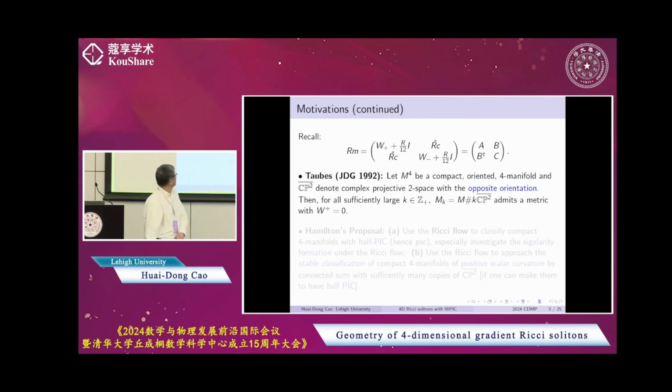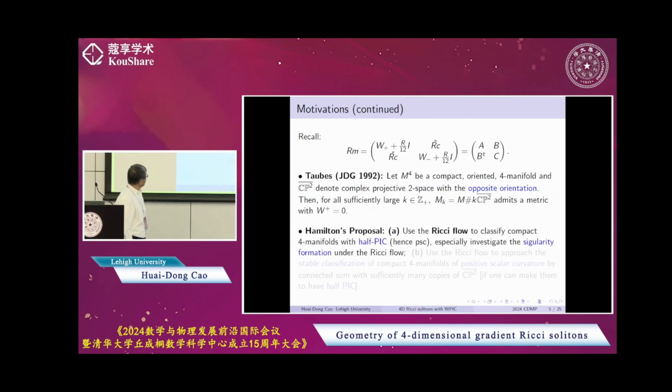And that also inspired Hamilton to make the following proposals. It has two parts. The first part is to use the Ricci flow to classify compact four manifolds with half PIC. I'll talk about why not PIC, but half PIC. So half PIC, of course, already implies positive scalar curvature, and especially investigating singularity formations under the half PIC condition.